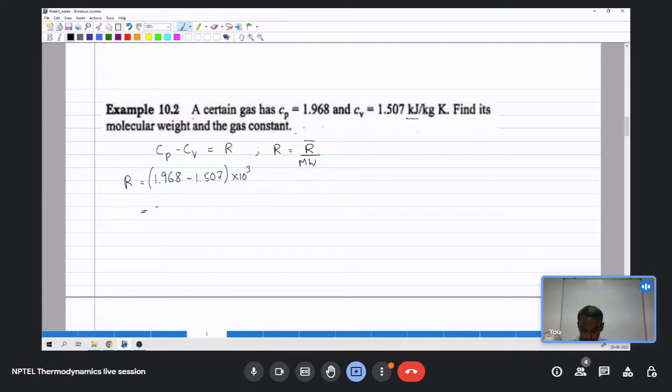So this will be 461 joule per kg Kelvin.